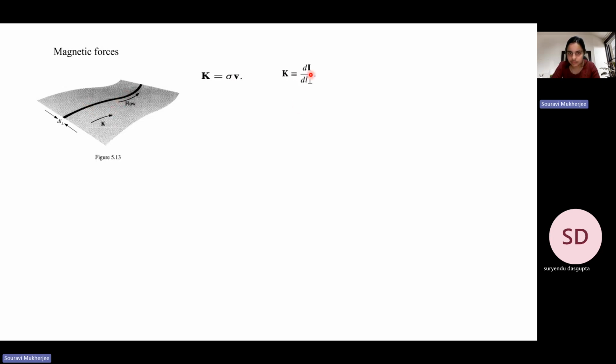So K is dI by dl perpendicular, because K, the surface current density, into dl perpendicular will give you the amount of current that is flowing through the selected segment, right?